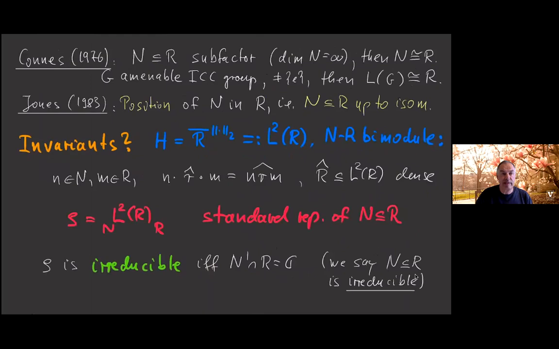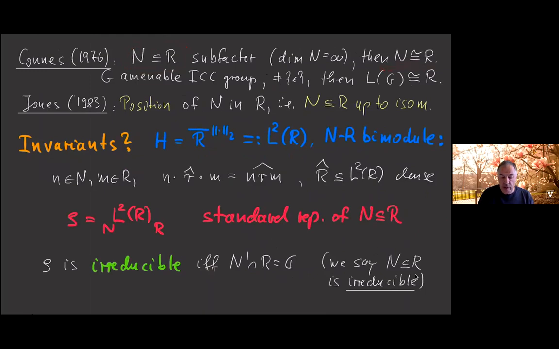So this explains the word hyperfinite in hyperfinite subfactors, right? By hyperfinite subfactors, I simply mean an inclusion of II_1 factors that are both hyperfinite. And so Connes in 1976 proved that if you take a subfactor of the hyperfinite II_1 factor that's infinite dimensional, then it's actually isomorphic to itself, okay?